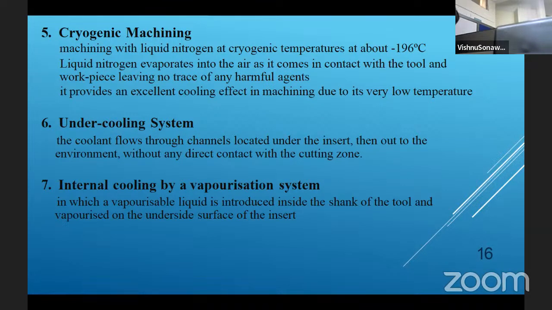This is machining with liquid nitrogen. The liquid nitrogen evaporates into the air and contacts the cutting tool and the workpiece. There are no harmful agents from this nitrogen, and it provides excellent cooling effects in machining due to the very low temperature.